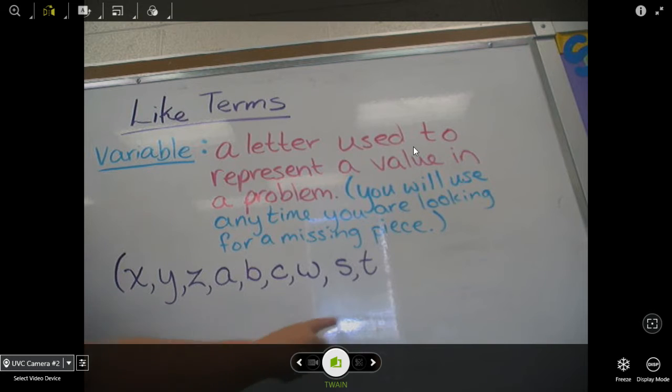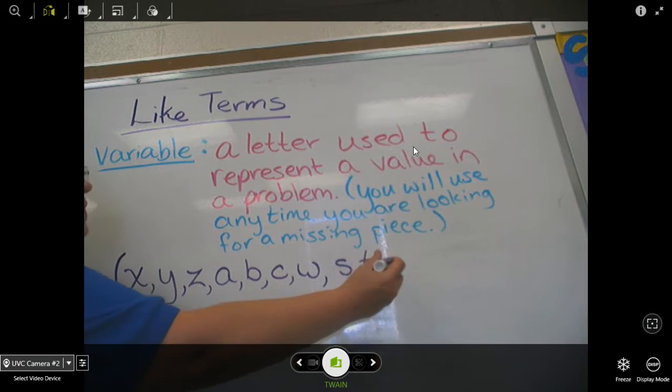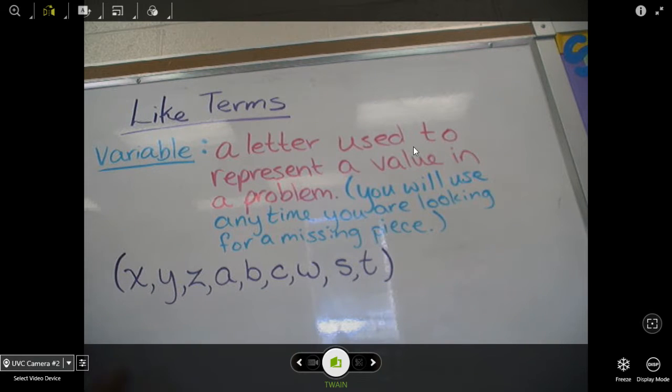I do my T's differently, and that's honestly the reason I started writing my T's this way. If you write it the way we all learned how to write T's when we were little, it looks exactly like a plus sign. So I started writing my T's this way for when they do use T. But I try to stick with these right here.